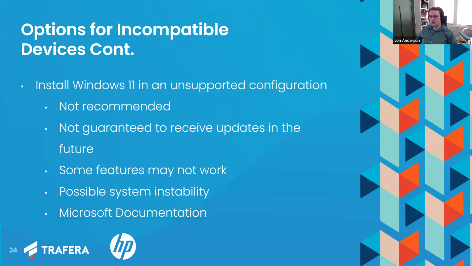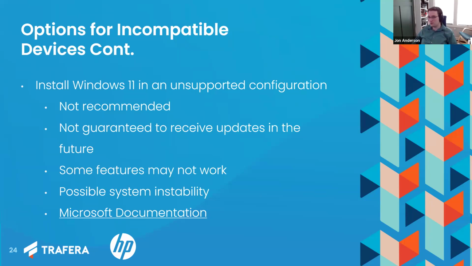And finally, the least desirable option is just installing Windows 11 on unsupported hardware. It is possible to install Windows 11 on unsupported hardware using imaging tools like Configuration Manager, though it's obviously not recommended to do so. Microsoft has said that they will not guarantee that devices running an unsupported configuration will continue to receive updates in the future, and you'll certainly have issues applying feature updates.